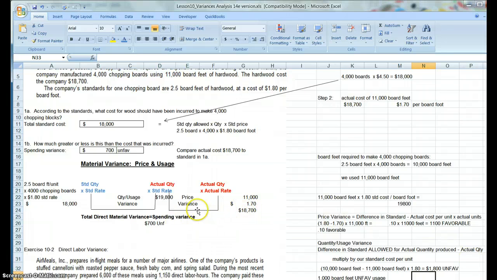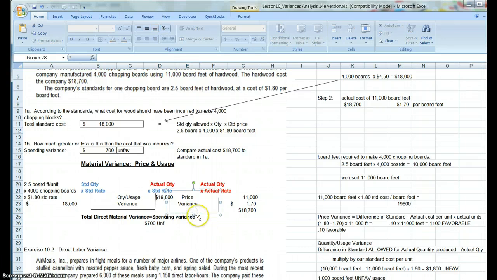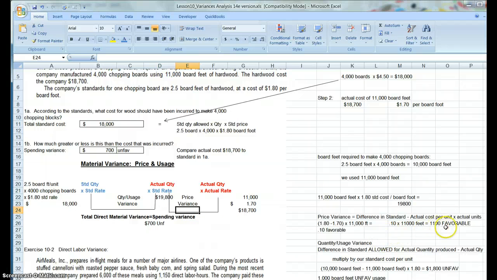So coming back into our little diagram here, if I move that line down a little bit, the price variance we said was going to be $1,100 favorable because we saved 10 cents. Notice that the difference between the 19,800 and the 18,700 is the 1,100. Now, we calculated a quantity variance, usage variance.